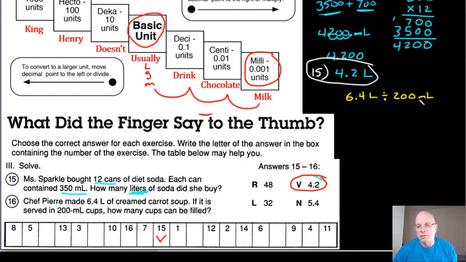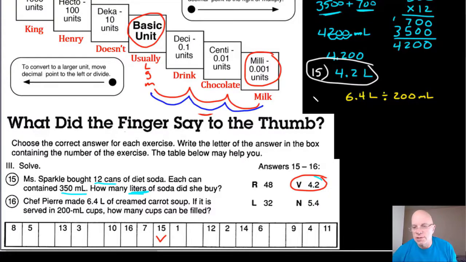But these are not like terms, so we don't have the same units, and so we'll need to convert one or the other before we can divide. I think it will be easier to convert the liters to milliliters. And so I'm going from a base unit of liters to milliliters. So this time we're starting with the larger unit and moving to the smaller unit. So we're going to move our decimal 3 to the right in this case.